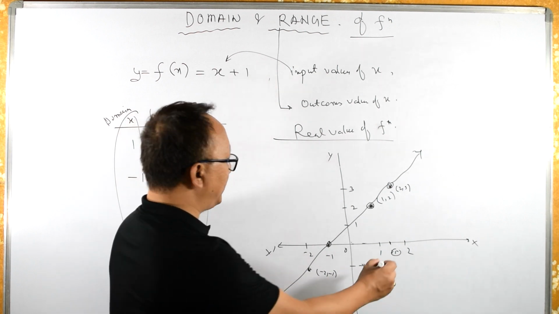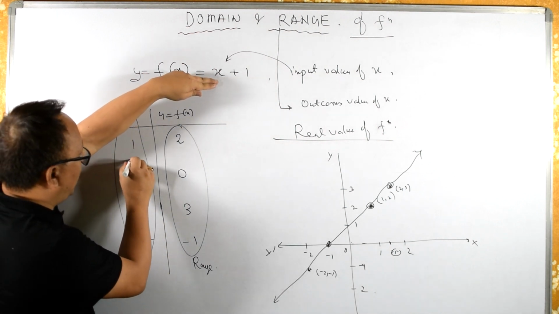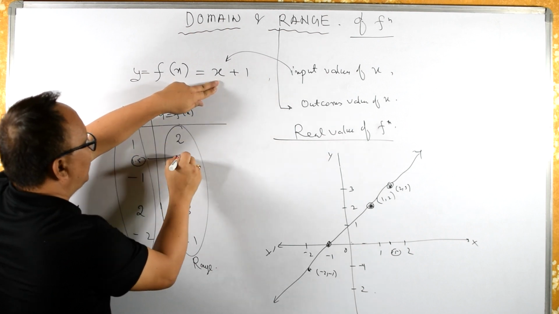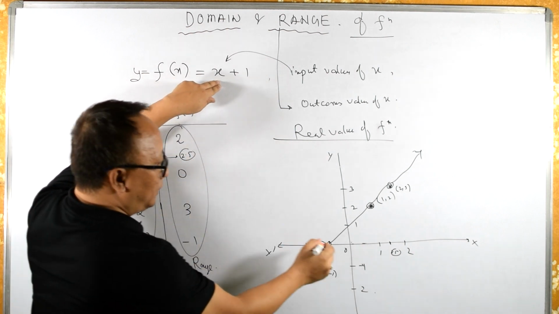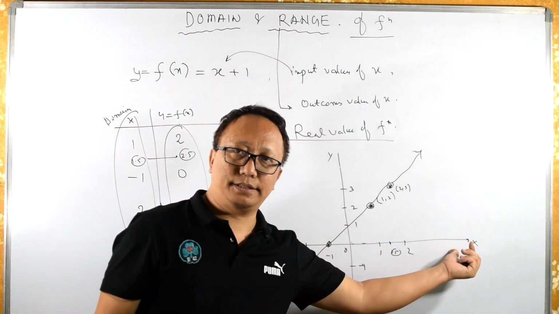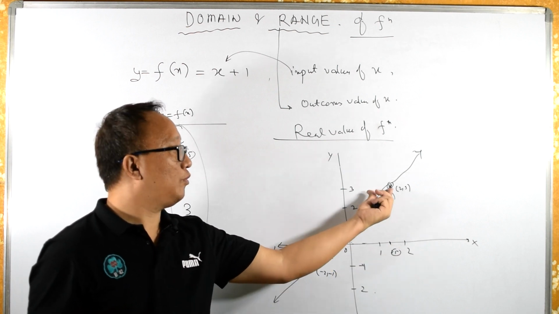If I substitute 1.5 over here, you will get over here 2.5. So you are getting 2.5. So for every input of x, you are getting its image, or you can say its output.